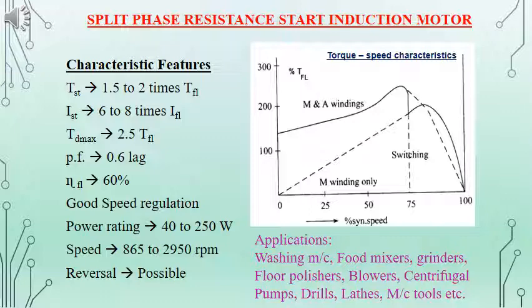In between there is a switching shown: at around 75% of the speed the centrifugal switch opens and only the main winding remains in the circuit. A few applications of this type of machine are washing machines, food mixers, grinders, floor polishers, blowers, centrifugal pumps, drills, lathes, machine tools, etc.